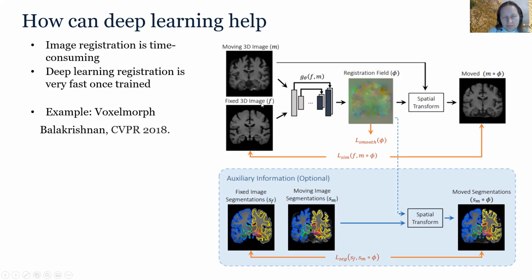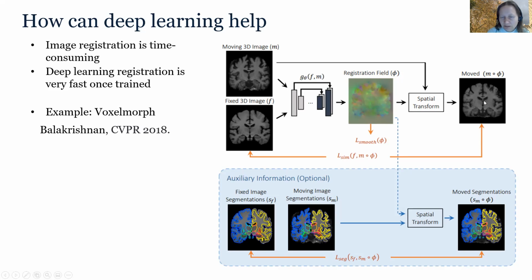Once we feed the images, the network is asked to predict the deformation field, which says how we can warp the moving image to the fixed. If we apply this deformation field to the moving image, we get a moved image, which is registered to the space of the fixed.